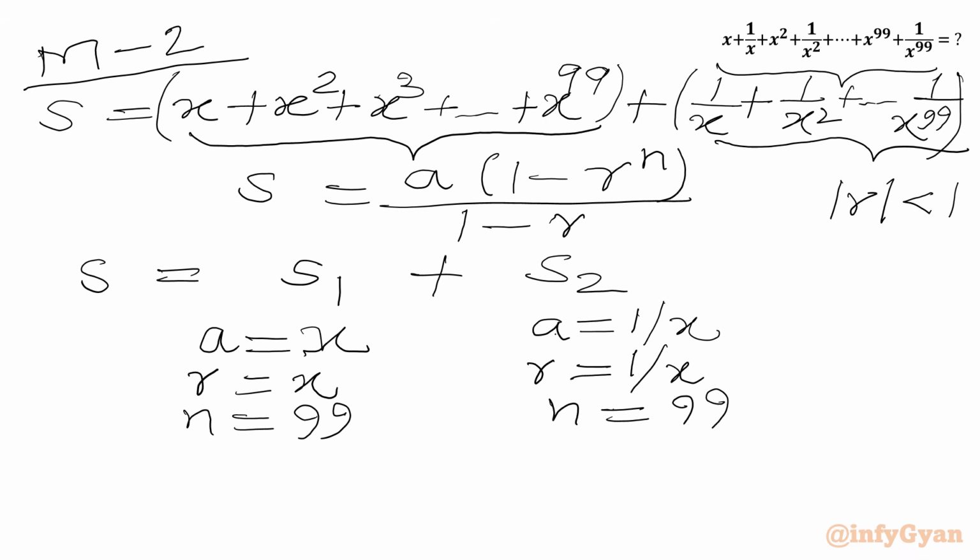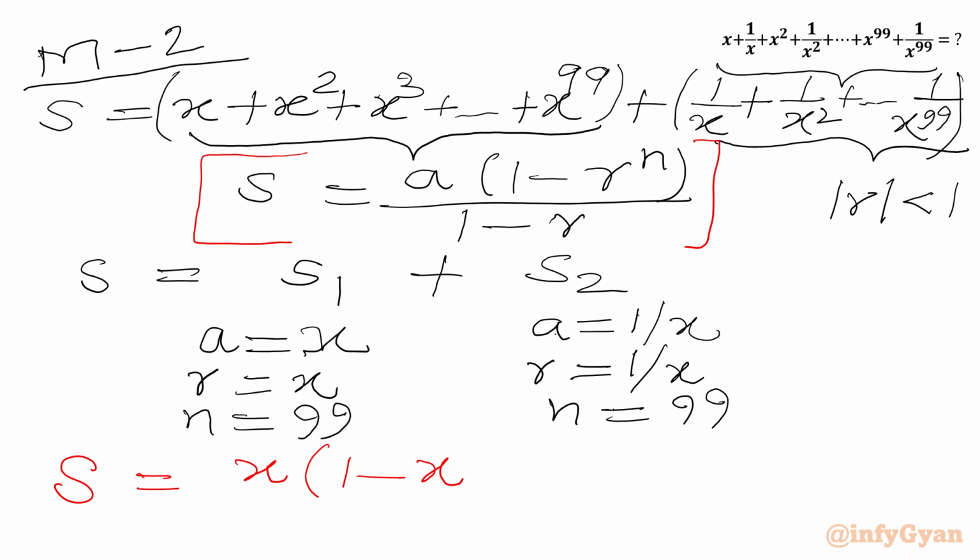Now we will apply our formula and we will get S equal to a is x, 1 minus common ratio, which is x here, raised to the total number of terms 99, over 1 minus x. Then I will write the S2 sum.